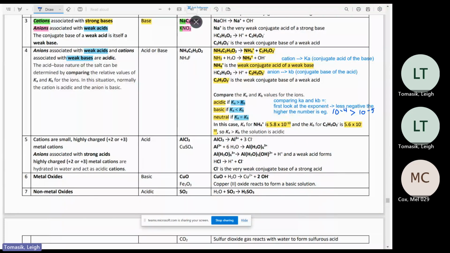But if the exponents are the same, you need to compare the decimal number.